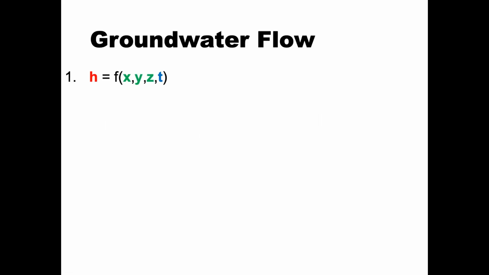When we think about groundwater flow, there are a couple of components we're thinking about. We're thinking about what the head is. So what is the hydraulic head as we move in the X, Y, and Z directions, and then how does this change with time?